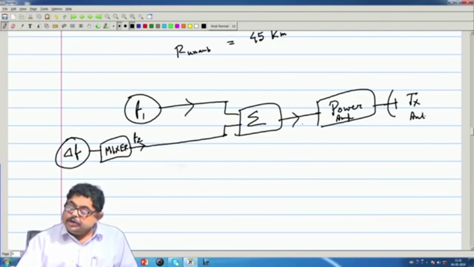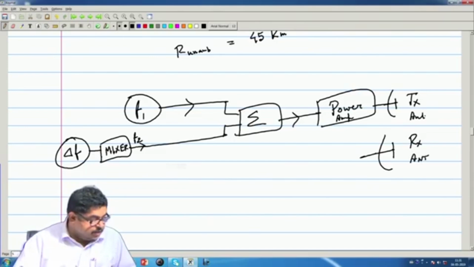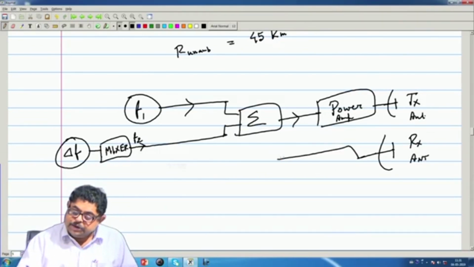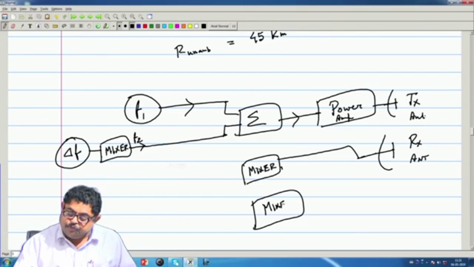So, this is the transmitter side. Then in the receiver side you will have the receiving antenna that will take the signal and put it to two mixers, mixer 1 and mixer 2.